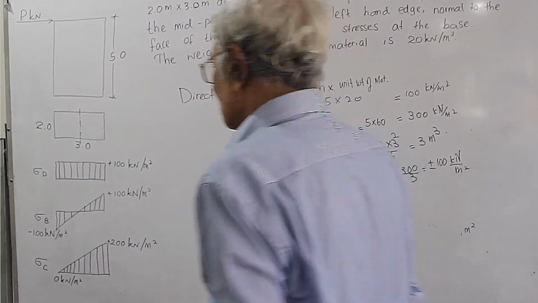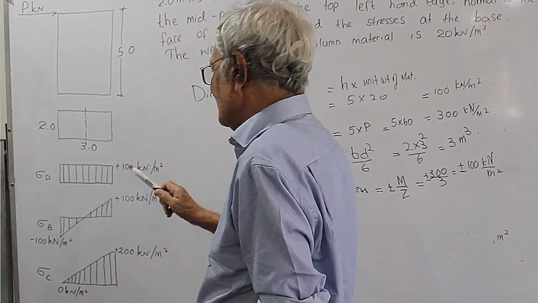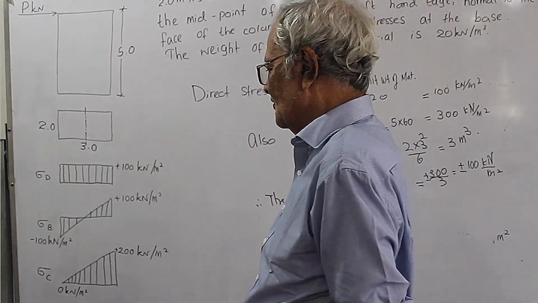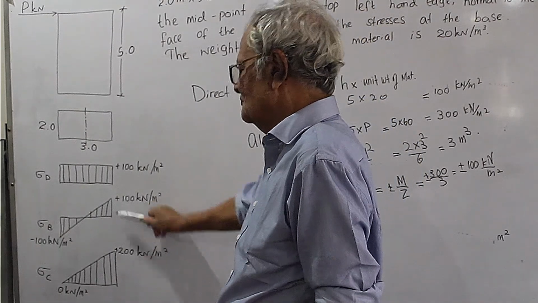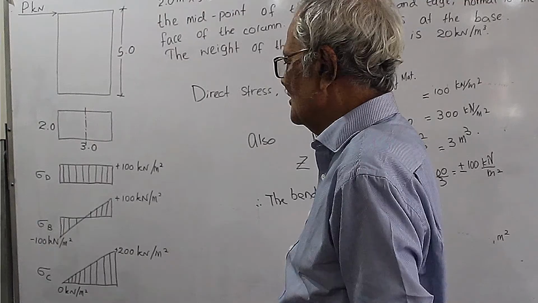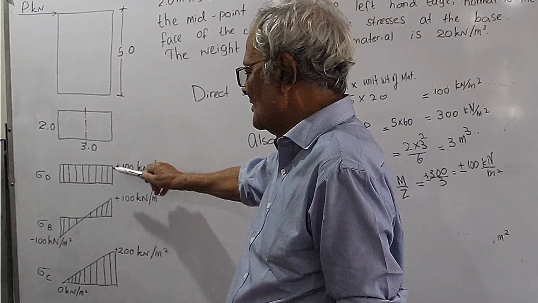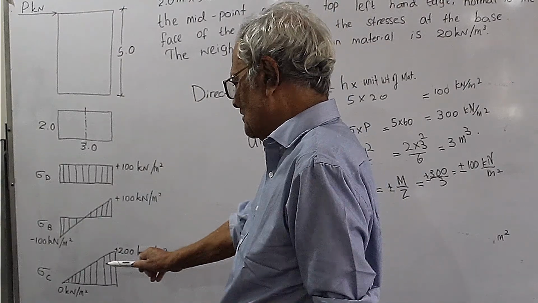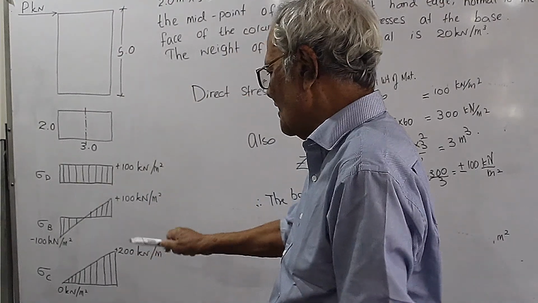Here, direct stress sigma D is given here, bending stress sigma B is given here, and the final stress is the addition of the direct stress and bending stress, which is given at the bottom as sigma C, the combined stress sigma C.